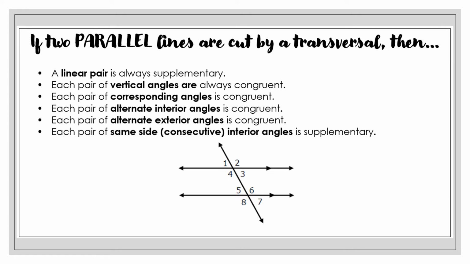Those are going to be supplementary, and your vertical angles are going to be congruent, 1 and 3, 2 and 4, 5 and 7, 6 and 8. And that, again, is true no matter if your lines are parallel or not. So linear pair and vertical angles are true no matter if the lines are parallel. But if the lines are parallel, then you do have these 4 new relationships that will be true of your special angle pairs.